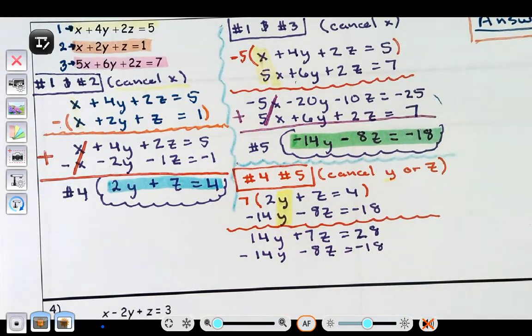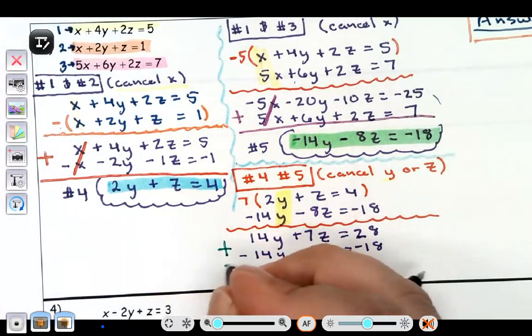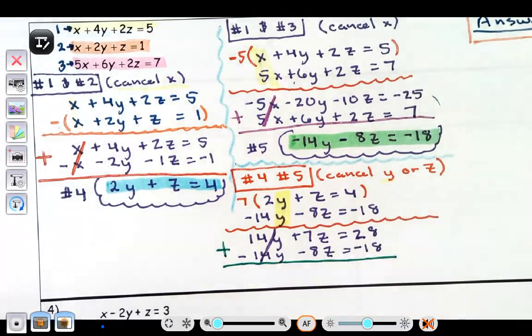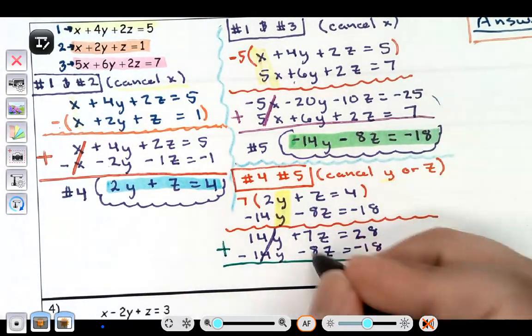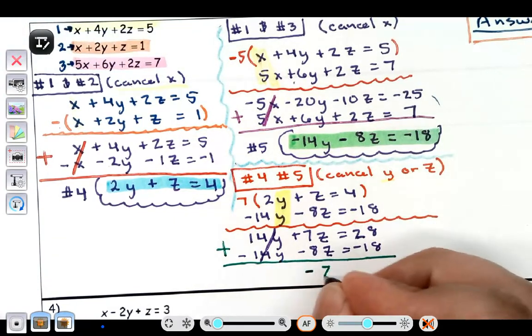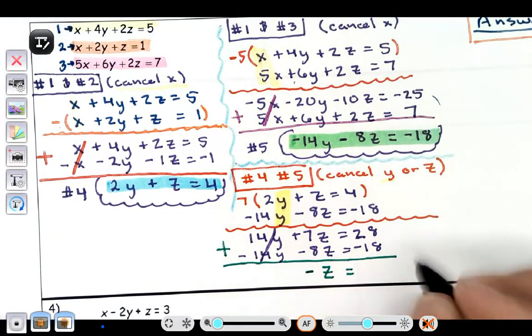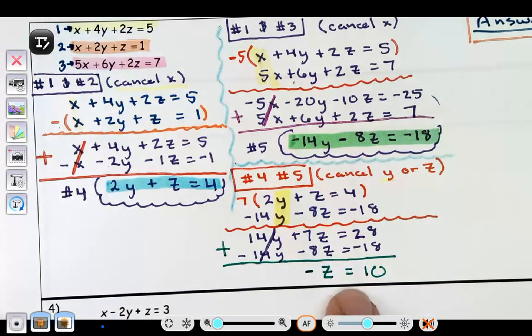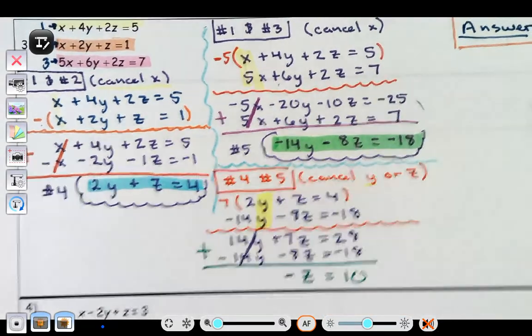All right, we're ready here. All I have to do is just combine it. So there's my plus sign. Here we go. This is gone. That's what we wanted. 7z minus 8z is negative z is equal to 28 minus 18 is 10. Now, it looks like z is by itself. Well, technically not.